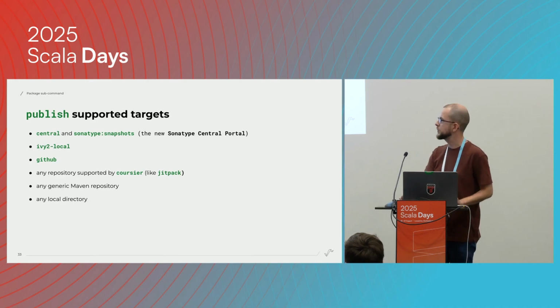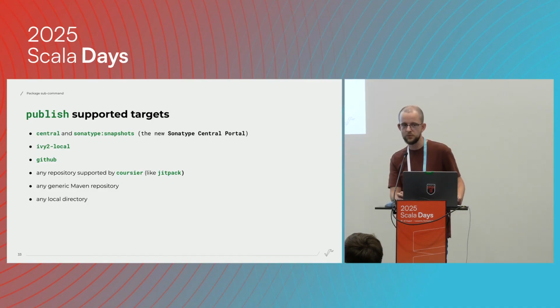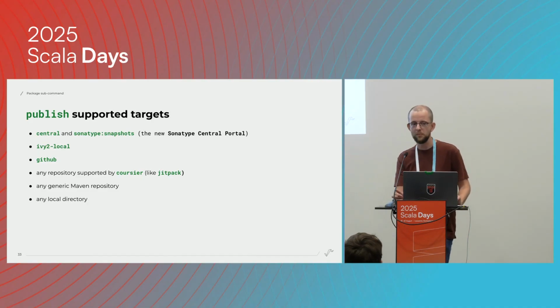So we support Sonatype, Maven Central. Some of you may have run into problems, or may have had to migrate recently when the old Maven Central went EOL, and you had to change something in your configuration. So we also support Maven Central now on the new portal. You can publish your projects with Scala CLI to it.